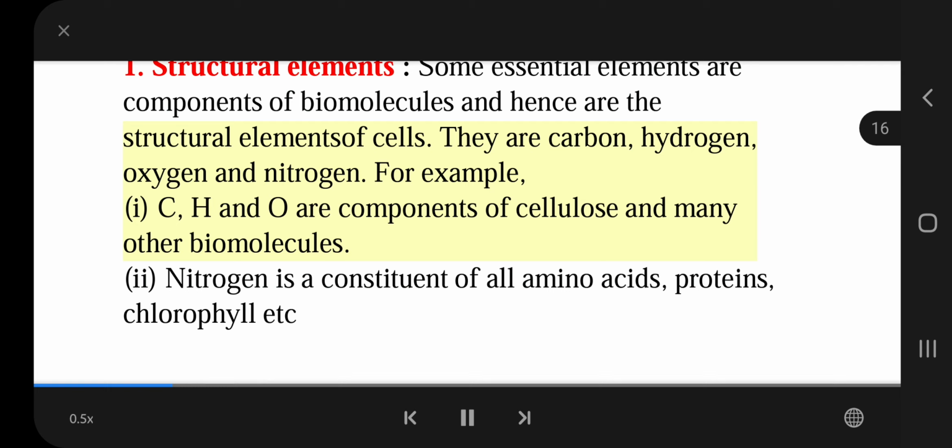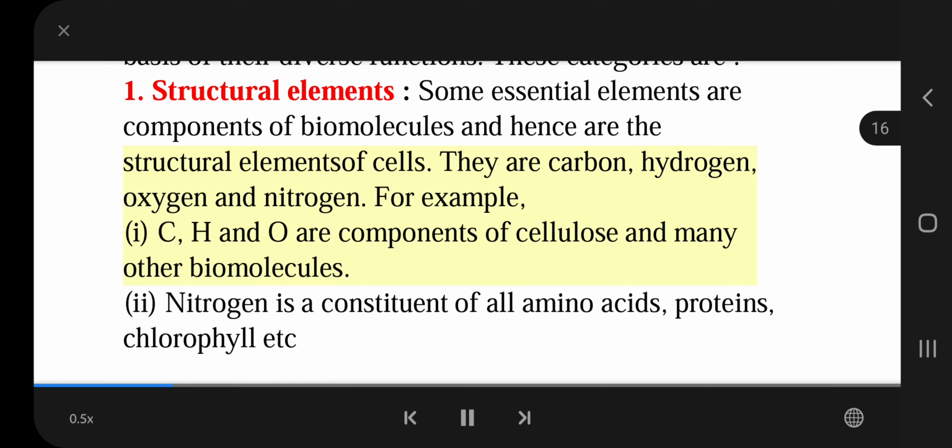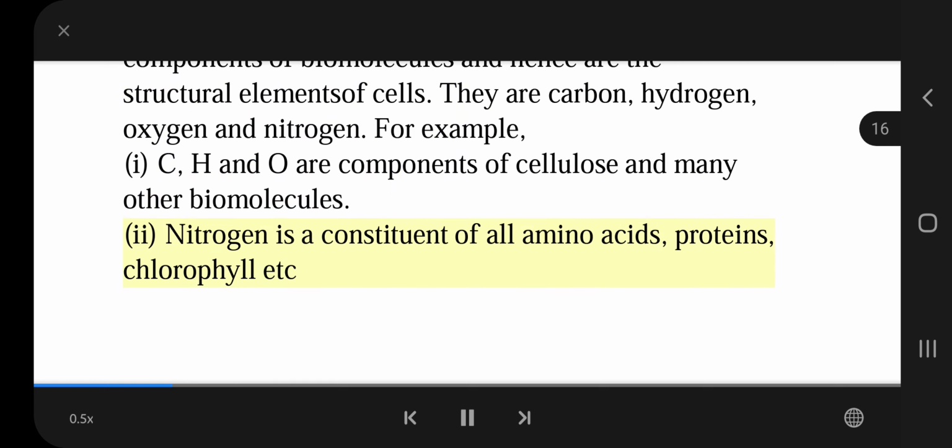They are carbon, hydrogen, oxygen and nitrogen. For example, C, H and O are components of cellulose and many other biomolecules. Nitrogen is a constituent of all amino acids, proteins, chlorophyll etc.